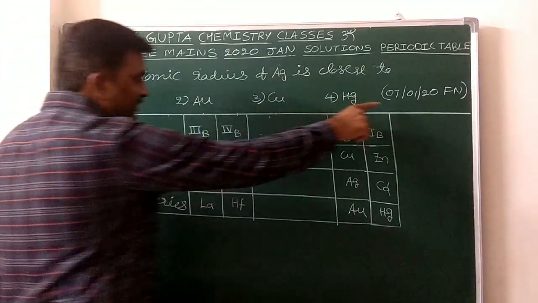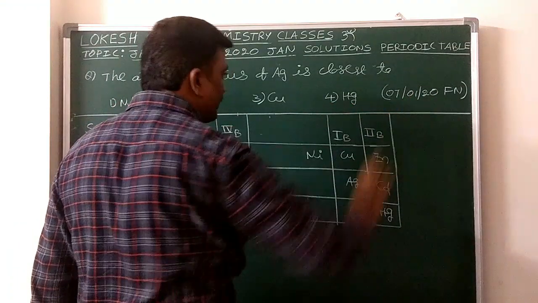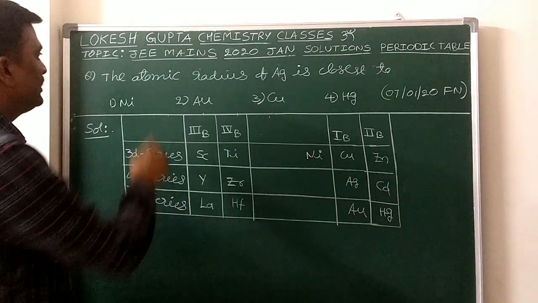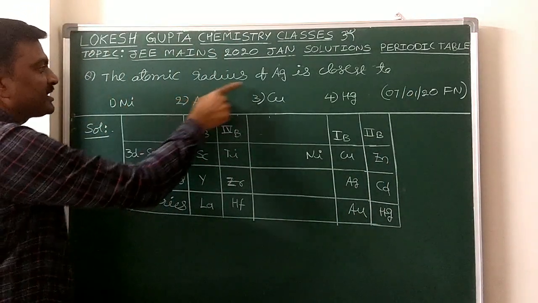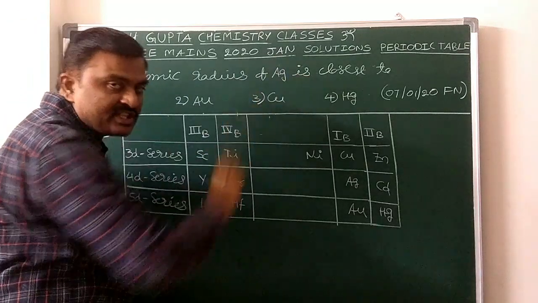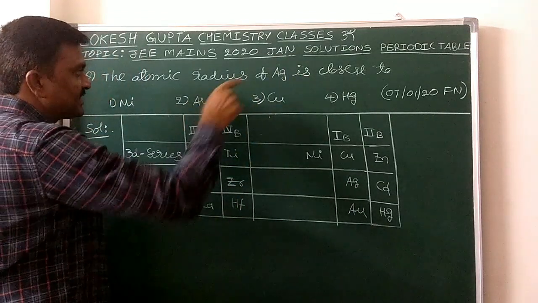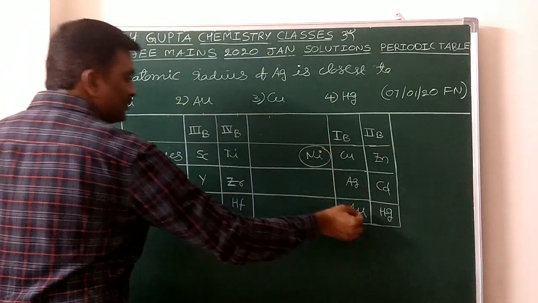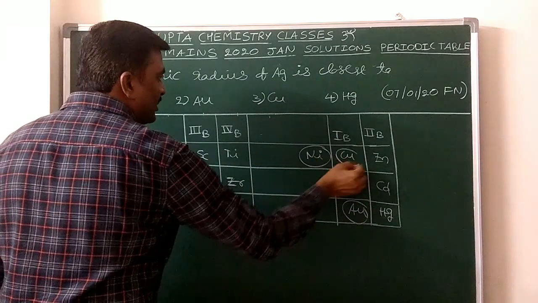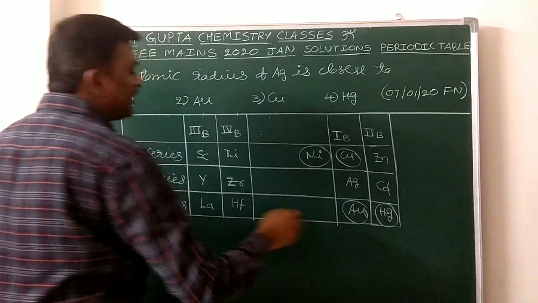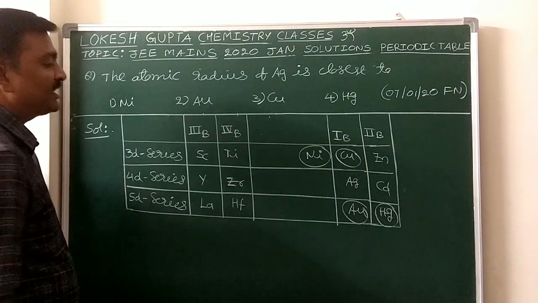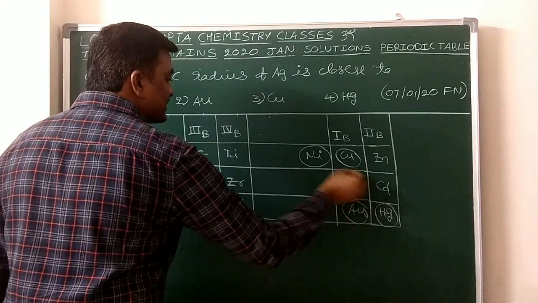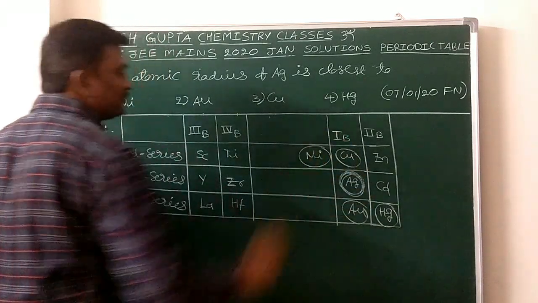This question was given on 7th January morning. Now the question is, the atomic radius of silver is closest to nickel, gold, copper, mercury. Among these four elements, the atomic radius of silver is closest to which one?